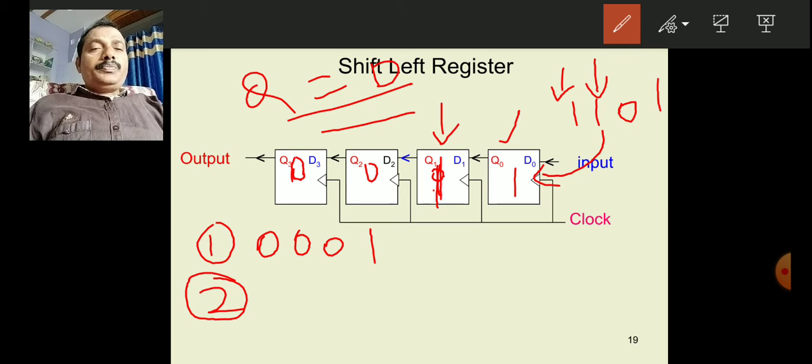And this 0 is shifted to here, and this 0 is shifted to here, like this. Only a single position. So 0 0 1 1. This is at the second clock pulse.